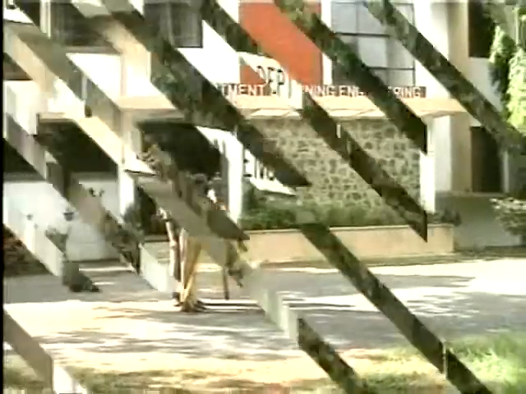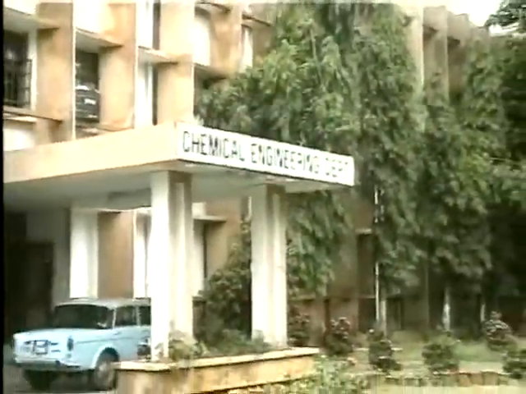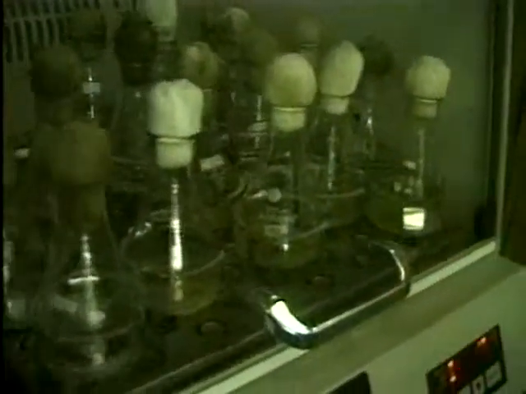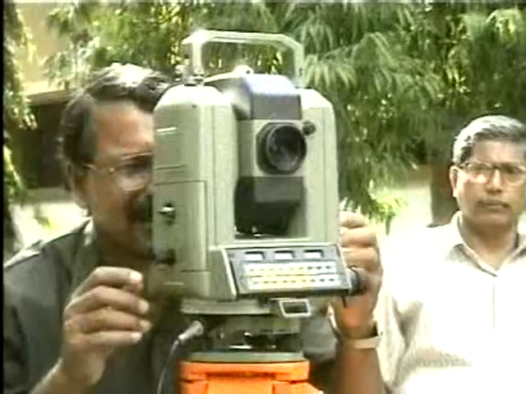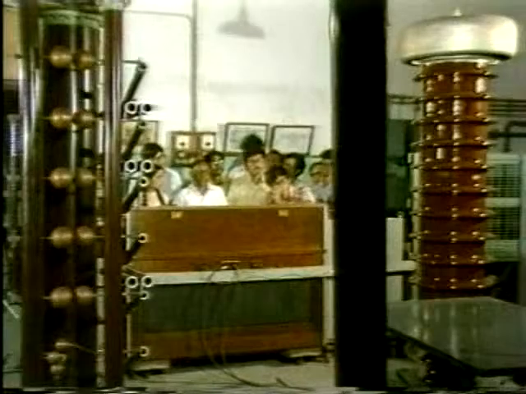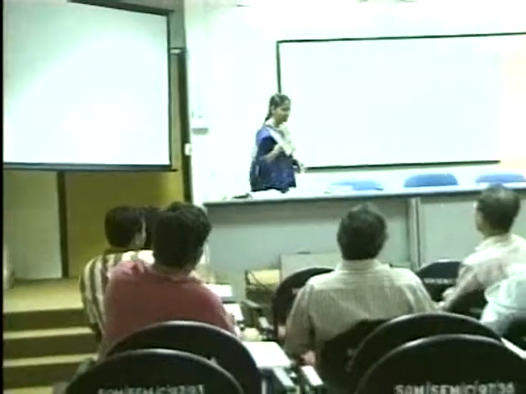IIT Kharagpur is not just about its large campus, but its diverse range of activities. It offers the widest spectrum of disciplines, ranging from aerospace, biotechnology, cryogenics, to architecture, mining and agricultural engineering, supported by strong faculties of sciences, humanities and management.